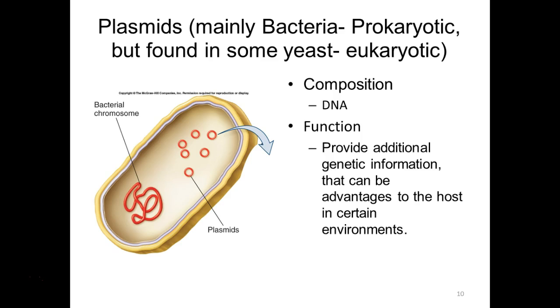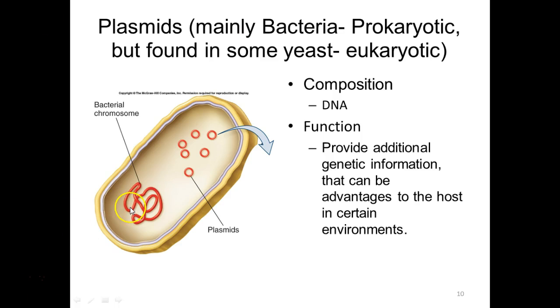Plasmids are mainly bacterial, right? So mainly a prokaryotic phenomenon, very popular in bacteria. But these structures have also been found in some yeasts, which are eukaryotic. What is a plasmid? It's DNA. But this is different from the chromosome, right?